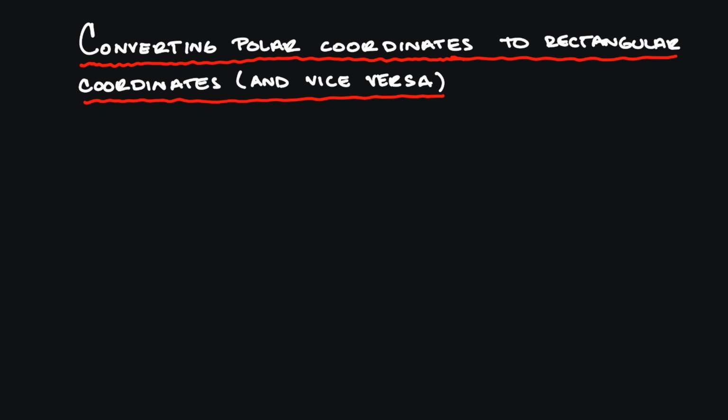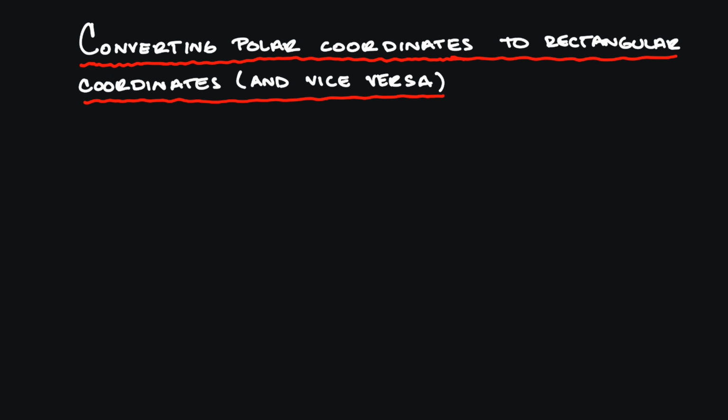The value of cosine is x, and this is x, and this is y. So the value for cosine of 3 pi over 2 will be x, that is 0. So this is equal to 2 times 0, and you can check that in your calculator if you want. 2 times 0 is 0. So we have the value for x.